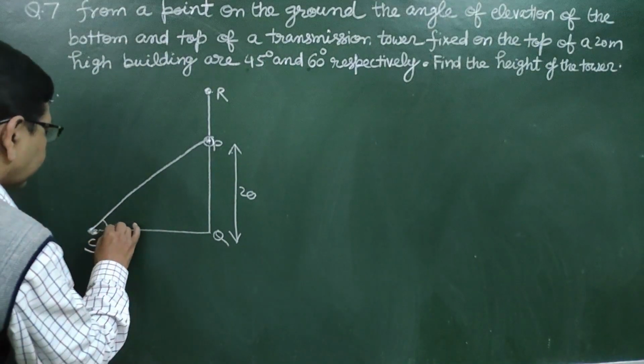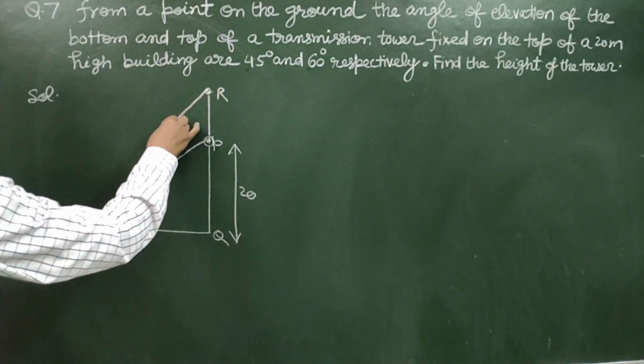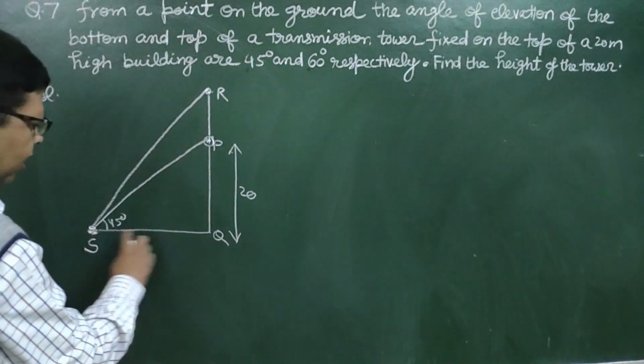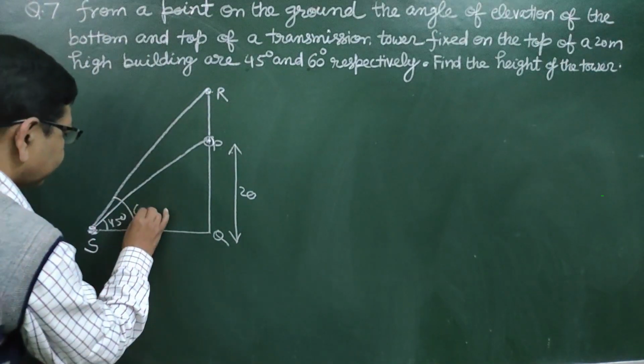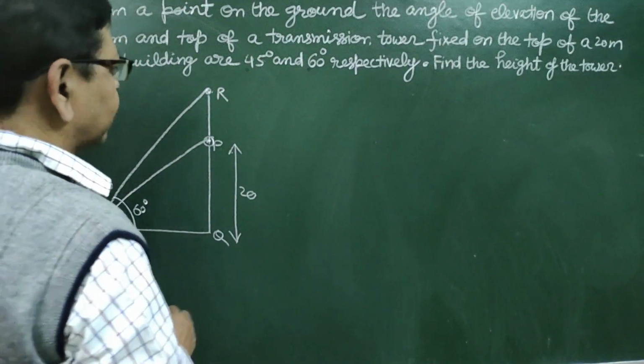This angle is 45 degree, and the angle of the top of the transmission tower, that is the line joining the top to the point S and the horizontal, is 60 degree. Then find the height of the tower.